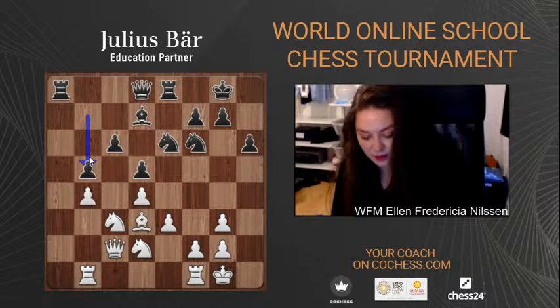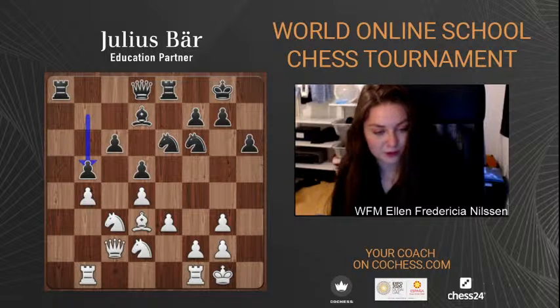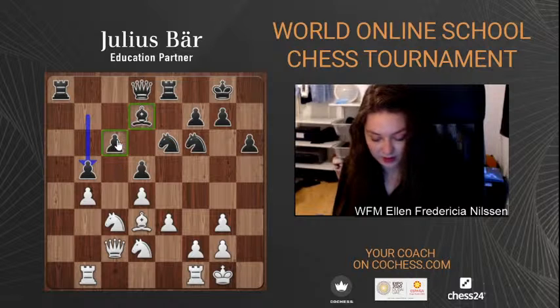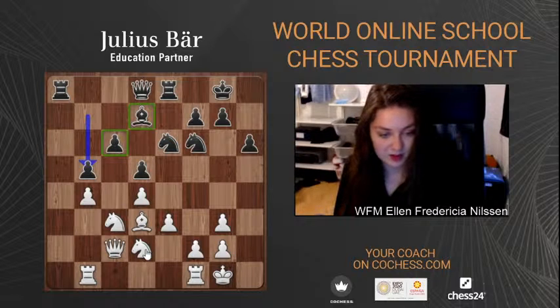And the reason for this position is a bit different than the other ones we've had, because now there's no knight on d7, so it can't go to b6 and c4. But white cannot really attack this c6 pawn very easily.